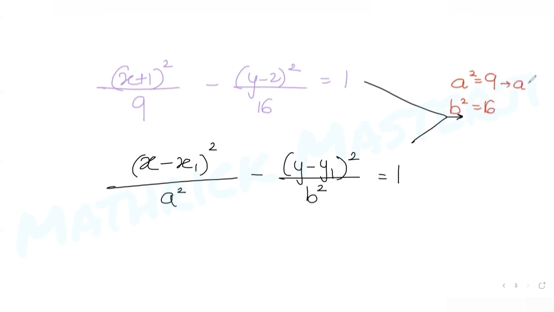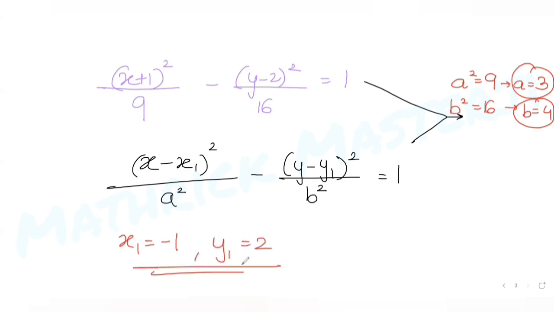That further gives me a is 3 and b is 4. Also x1 is minus 1 and y1 is 2. So I have x1, y1, and also a and b from this general equation of the hyperbola.